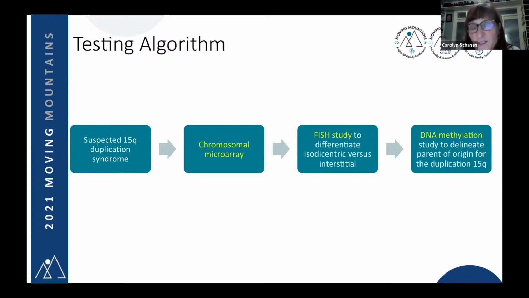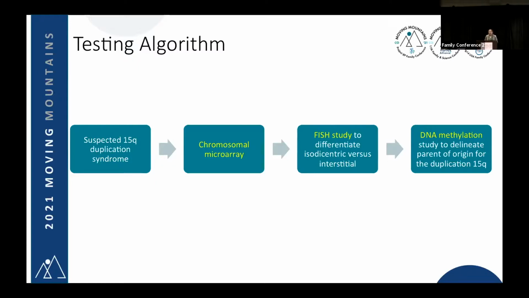And particularly if it's an IDIC, check mom's chromosome. I think, yeah, particularly if you're thinking about having more children. And as I've talked to some of you in the audience already, even if you're not planning on having additional kids, it could have implications for your other children as well, if there's, for example, something balanced that's predisposing to a slightly increased risk of having a child with duplication 15q.